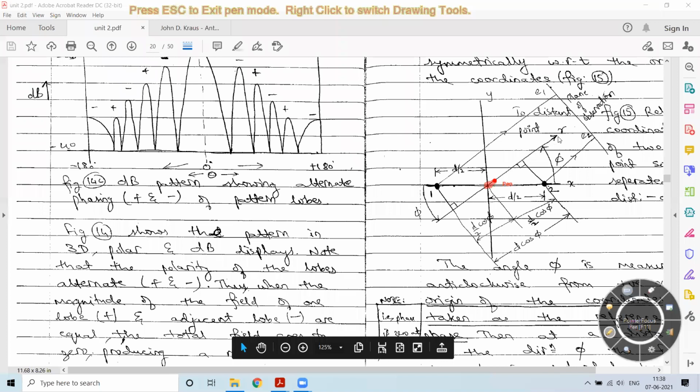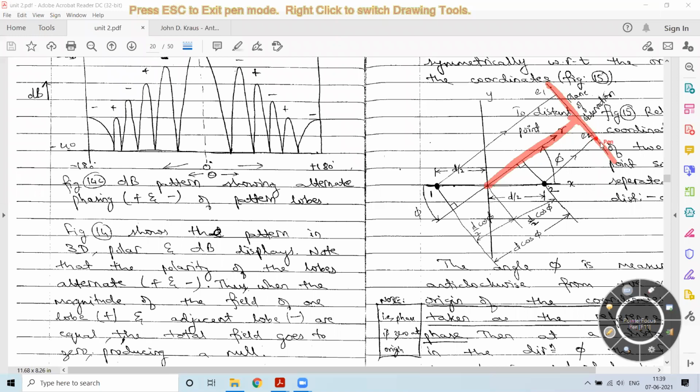If the electric field moves from this point to this point, it is traveling some distance r. Now this plane is perpendicular to this electric field. So let me consider it in that form.